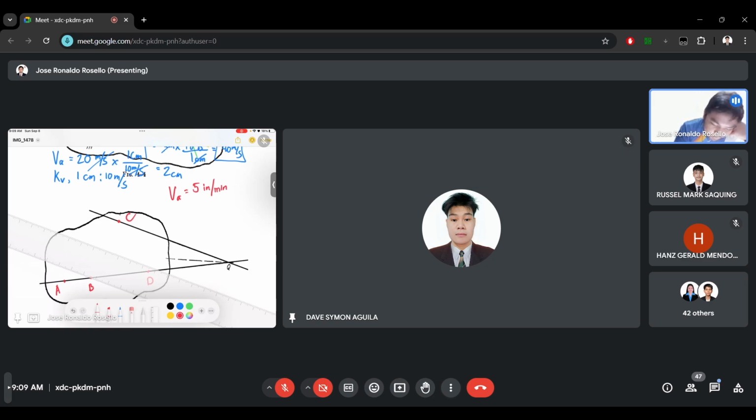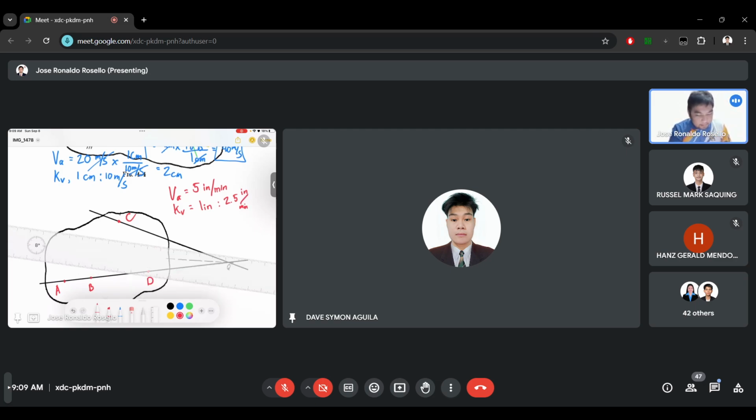And the velocity scale is, let's say, for every 1 inch, we have 2.5 inches per minute. I will try to explore how we can use it.